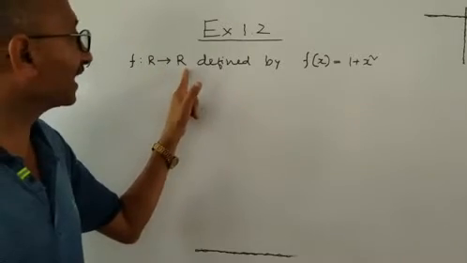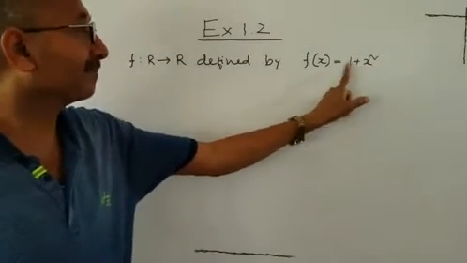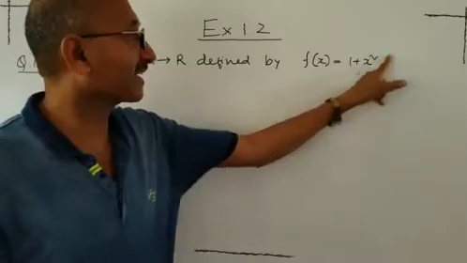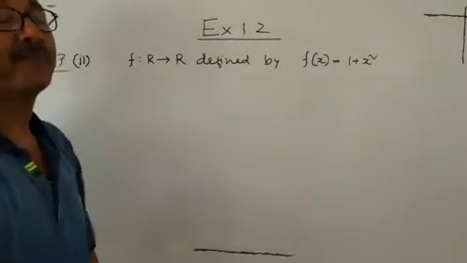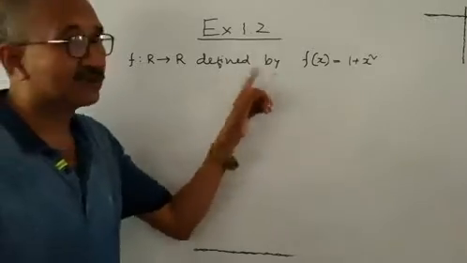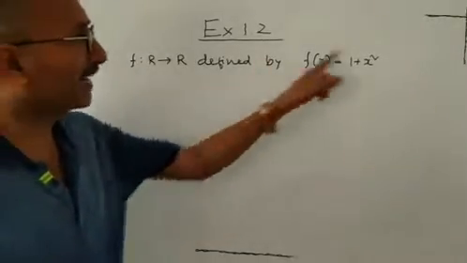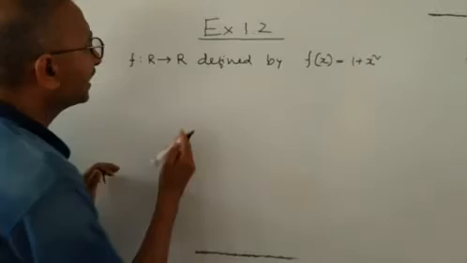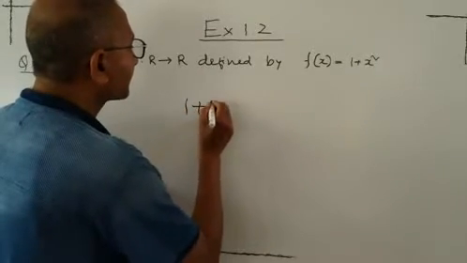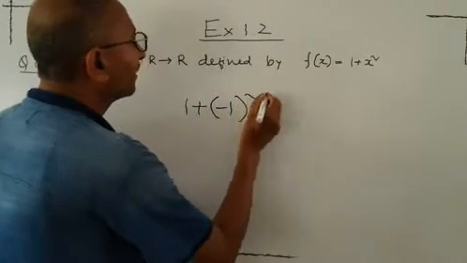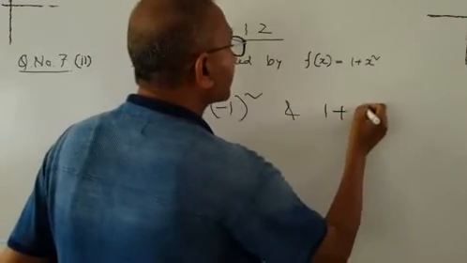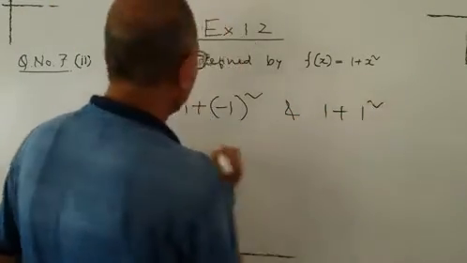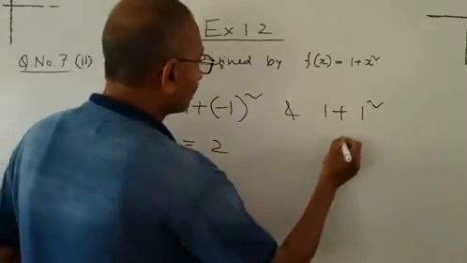Now x is a real number, and 1 plus x square is also a real number. First we will see whether this function is 1-1 or not. Whenever there is a square, if I put minus 1 and if I put 1, what is the answer here? This is also 2, this is also 2.